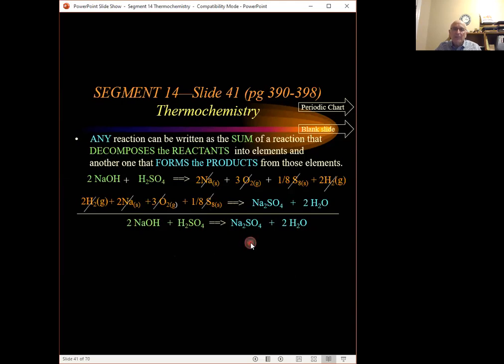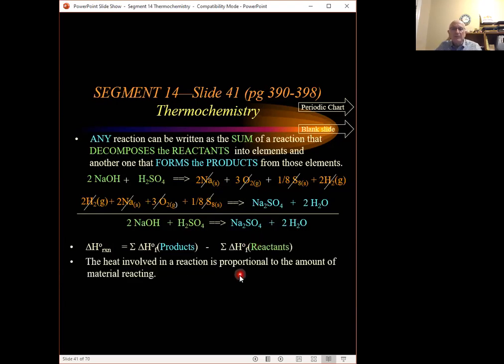And now this has a special way of writing that. I can write for any reaction the heat of formation: it's the sum of the heats of formation of all of the products, you see. This is the heats of formation of sodium sulfate and 2 waters from these elements on the left. That has to equal the sum of the heats of formation of the reactants.